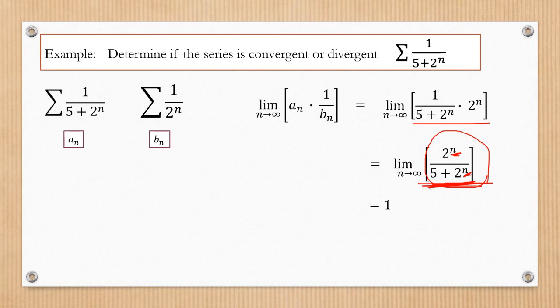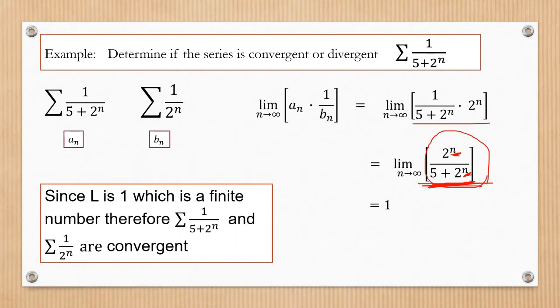That is why our limit is 1. Now, since the limit is 1, which is finite, the two series, An and Bn, are convergent.